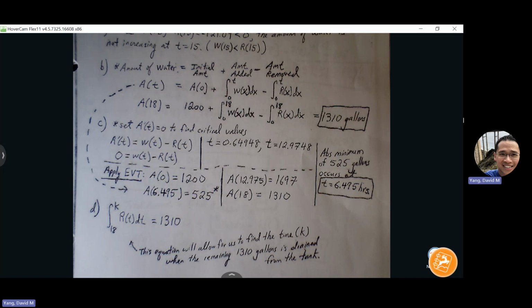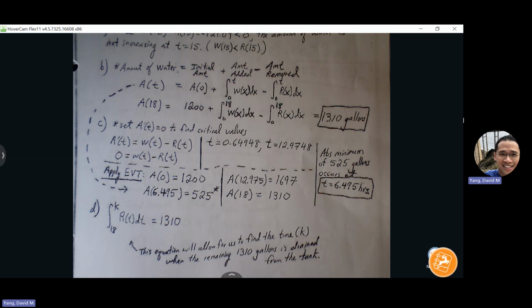It makes sense. Yeah, how would you solve it? How would you solve it? Yeah, this one. So they're not asking for you to solve, but let's say it was something that we could do by hand. Let's say it was something easy, like t squared dt is 1310.